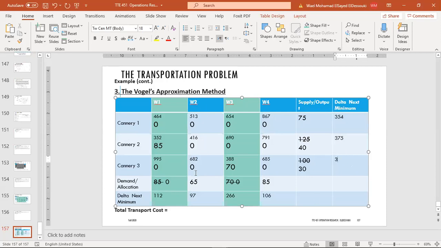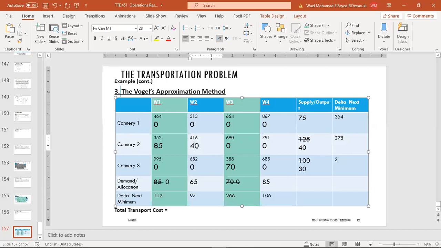So now which cell do we go to? We go for the maximum next minimum. That's the maximum next minimum, and the cell associated with it is this cell. How much do we assign here? The maximum we can.